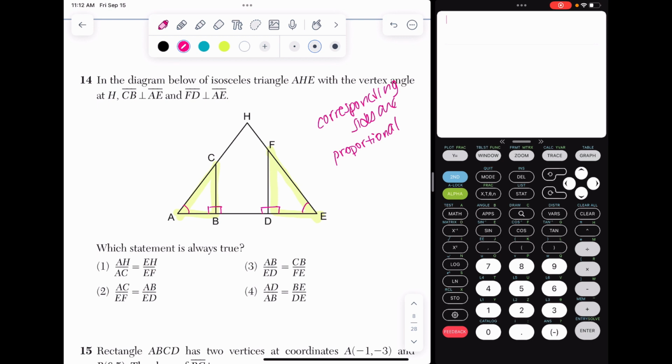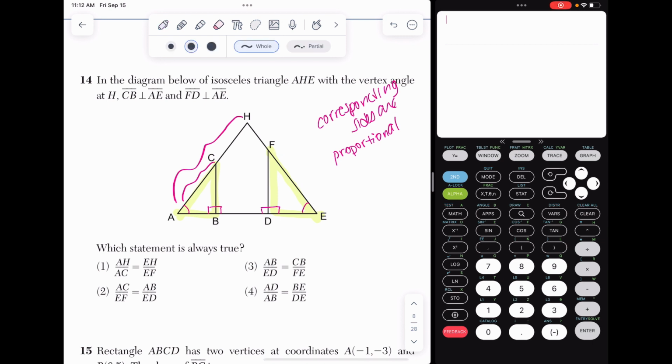Choice 1, AH to AC, EH to EF. If I take a look at that, that looks good. My only concern is that AH and EF are not part of the actual triangle.